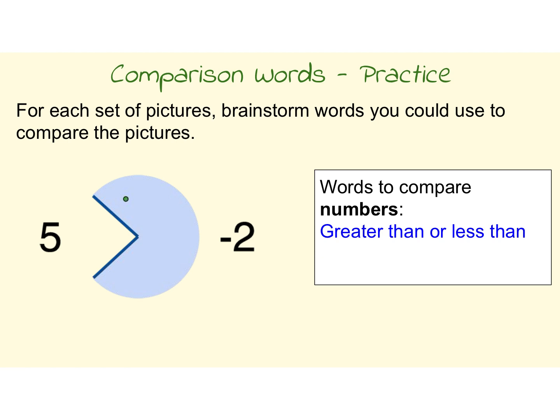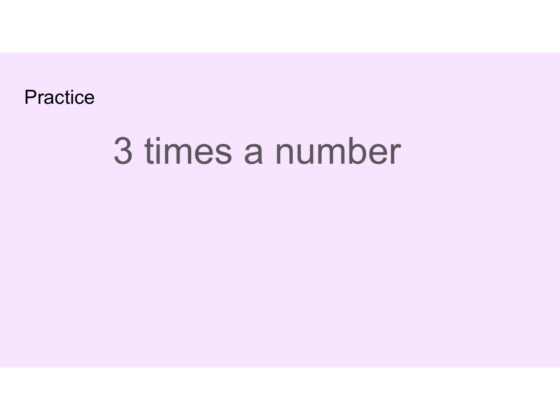So what I'm going to ask you to do is I want you to look at this phrase right here. 3 times a number. What do you think that looks like mathematically? Hopefully you wrote down 3n, or maybe you wrote down 3 parentheses n because parentheses means multiplication.